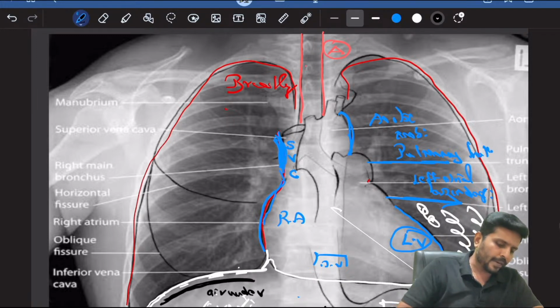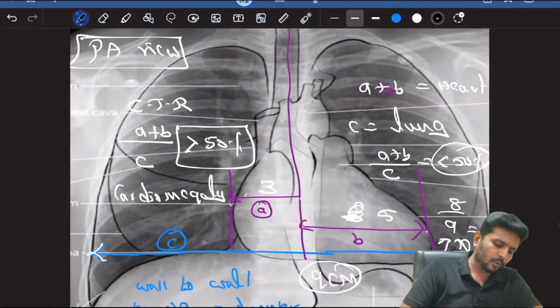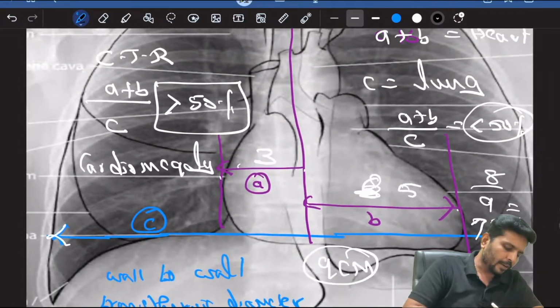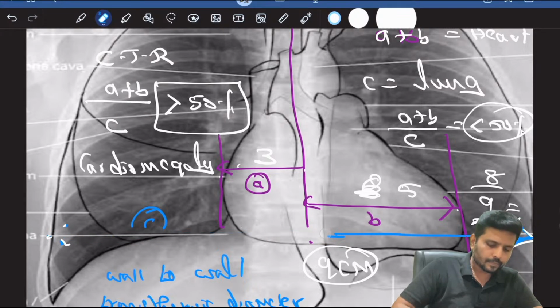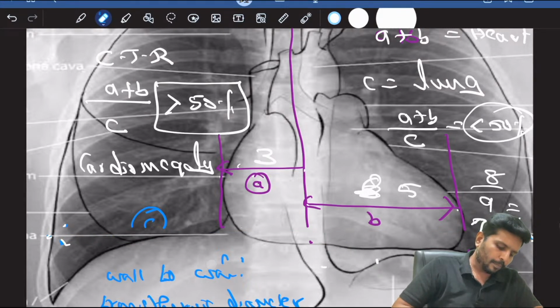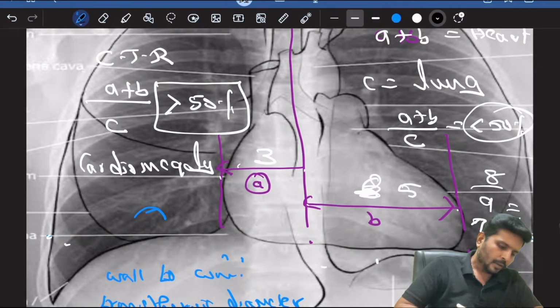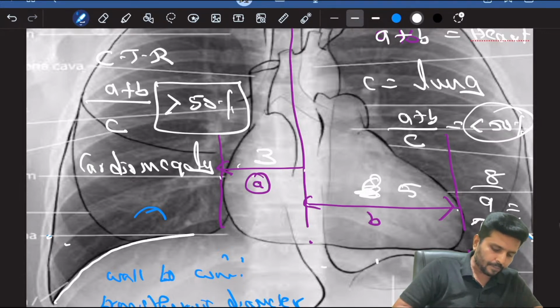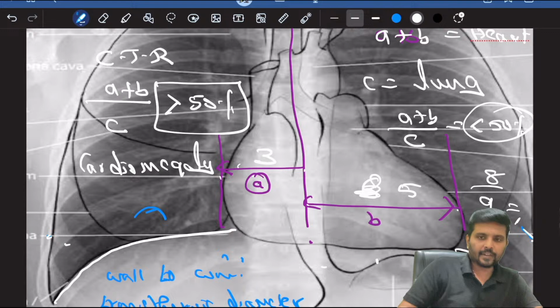And one more point. What is that one more point? Look at this. This is your right diaphragm. This is your left diaphragm.